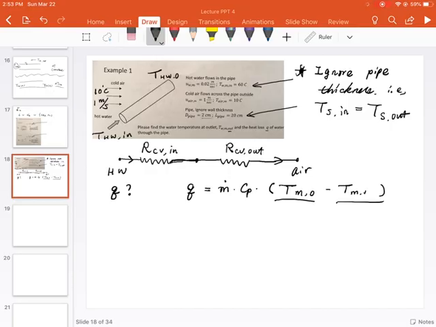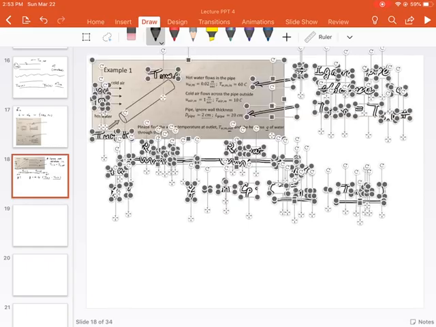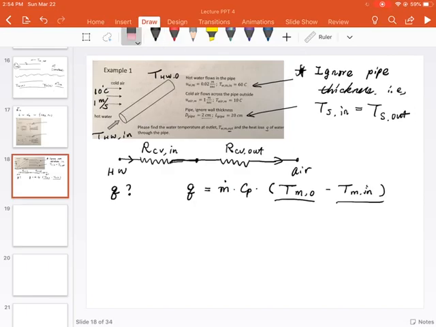If you don't flip them over, you can just put a minus sign on the Q. Minus Q equals this. And then if we know the Q, we will be able to calculate the temperature at the outlet. We didn't use mean; you can use the mean, it doesn't matter, but I keep using the same notation here, the hot water outlet minus hot water inlet.